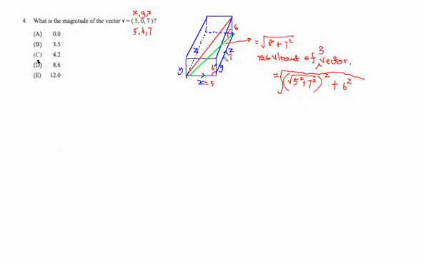This will give you the magnitude of the red line. This is the resultant of the vector, the magnitude of the vector.